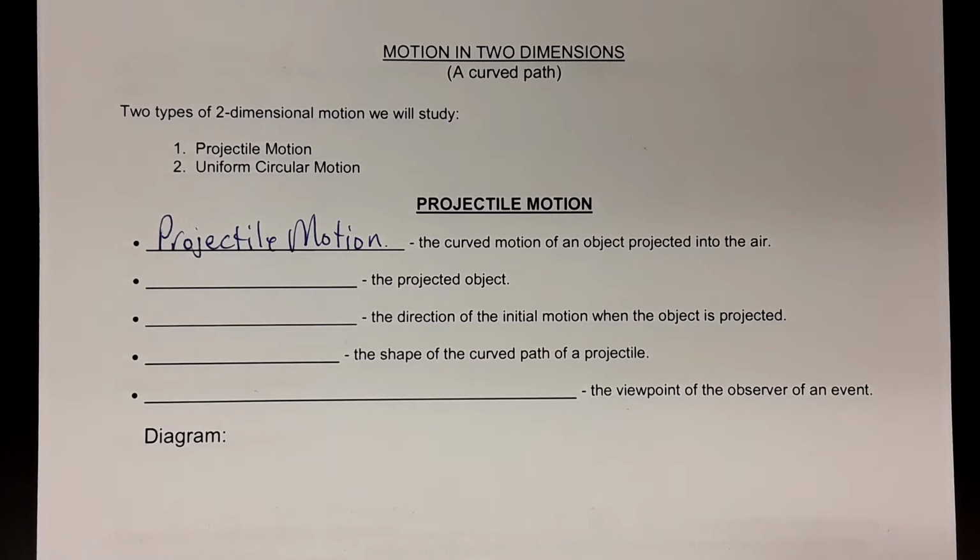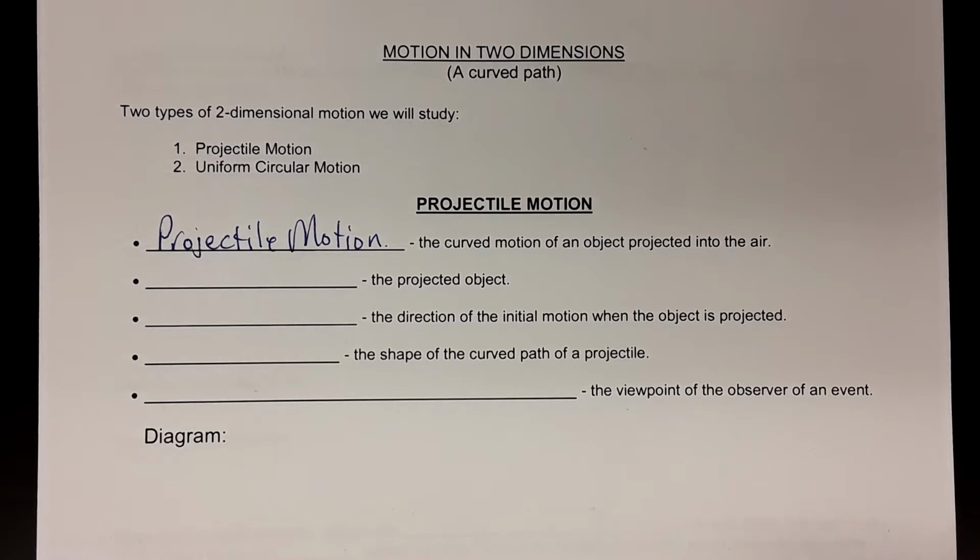A cannonball launched is a projectile. An arrow shot from a bow is a projectile. A bullet shot from a gun is a projectile. Even a pitcher throwing a baseball, that is a projectile also. So there are many ways to project objects.